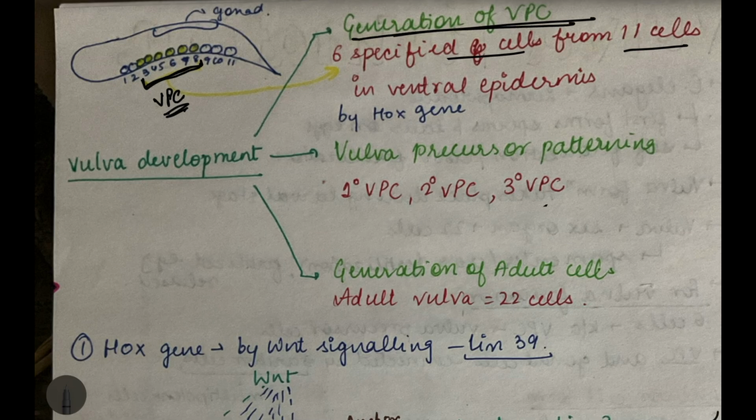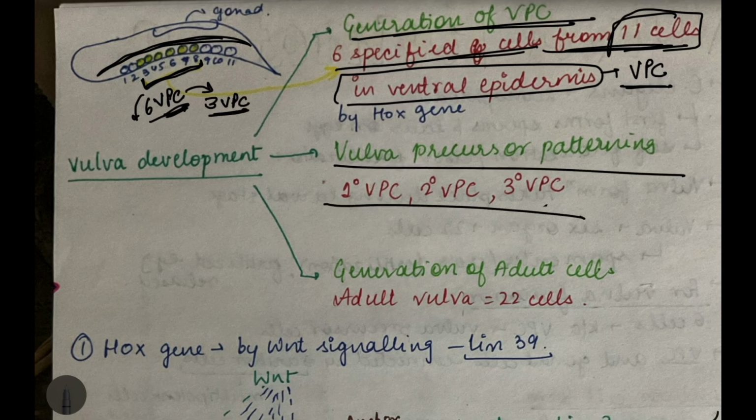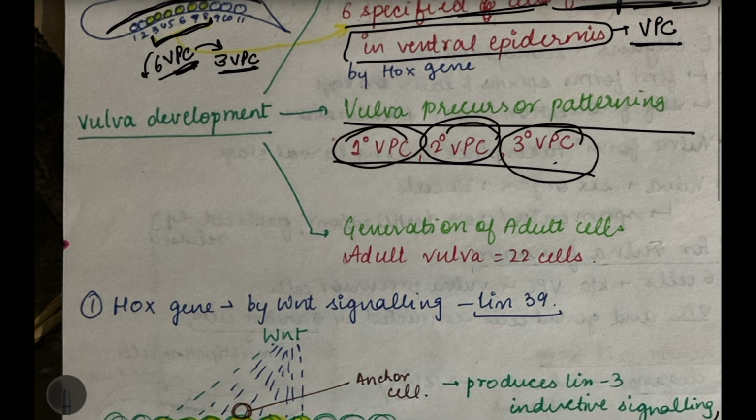Generation of VPC: 6 specified cells from the 11 cells in the ventral epidermis are selected, which act as VPC, and out of that also only, basically from 11, 6 cells form the VPCs, and from that VPC also only 3 VPC form the vulva cells. Let's see how. Vulva precursor patterning: primary VPC, secondary VPC, and tertiary VPC.